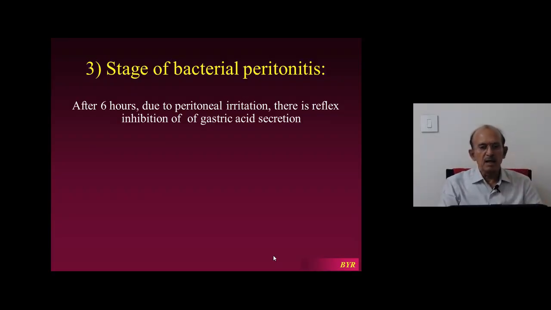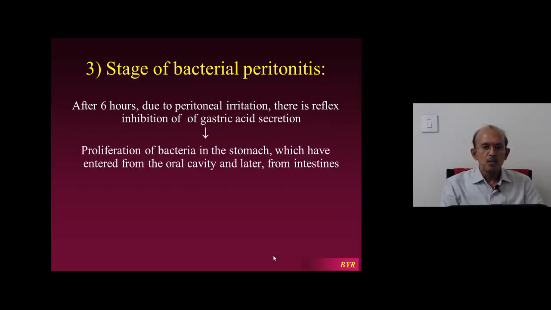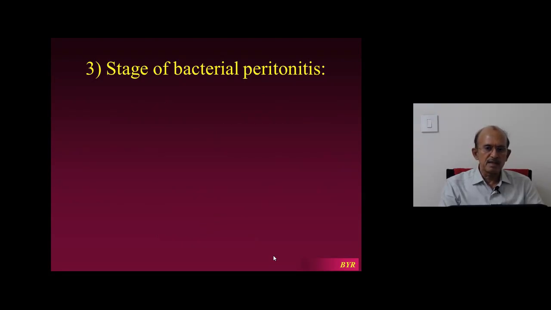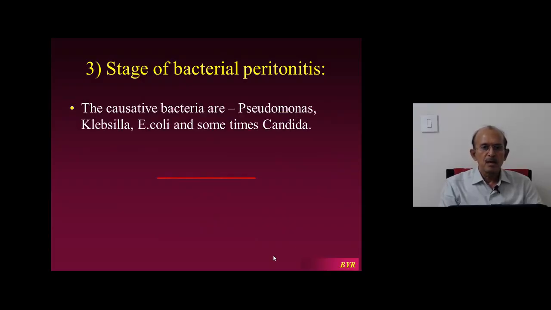So they come to the duodenum, then pass through the perforation and enter into the peritoneal cavity, producing bacterial peritonitis. So there is proliferation of bacteria in the stomach which have entered from the oral cavity and later from the intestines, and migration of bacteria through the perforation into the peritoneal cavity, producing bacterial peritonitis. The causative bacteria are Pseudomonas, Klebsiella, E. coli, and sometimes Candida albicans.